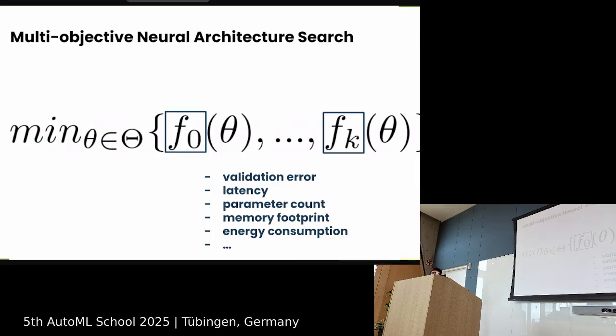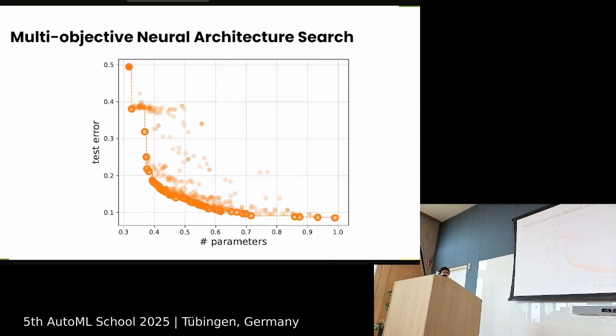Now you have those multiple objectives, and they're somewhat competing with each other, right? Usually, the bigger you make your network, the more parameters you put into it, the better your validation error becomes. But at the same time, your latency becomes worse, or your memory footprint increases. So it's a trade-off that you have to make here.